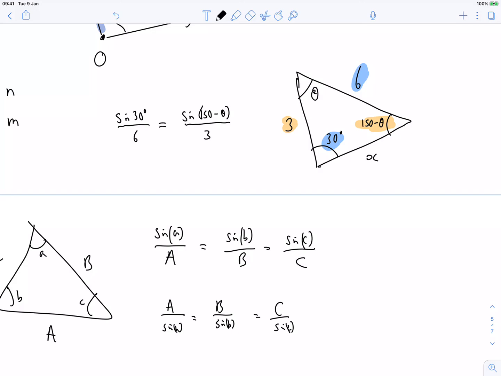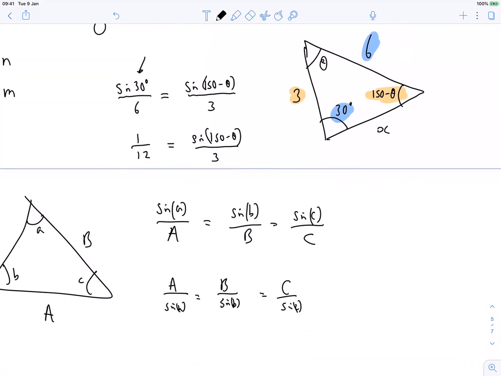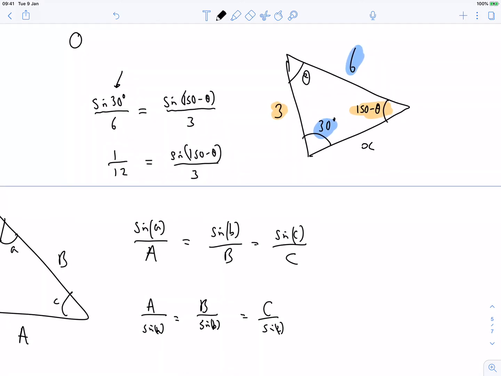Right, let's think about this. Sine of 30 degrees is a half. A half divided by 6 is 1 over 12. And when I times by 3 both sides, 3/12 is 1/4, and that equals sine of 150 degrees minus theta.